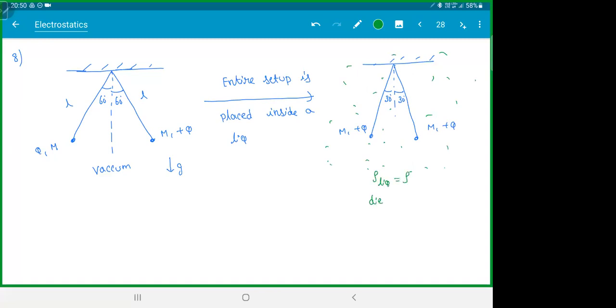Dielectric constant, or the relative permittivity, is epsilon r. Are you getting the scenario here? Initially, in vacuum, the angle between the bobs, because they repel each other, is 60 degrees, 60, 60, 120. When you place this entire setup in a liquid, the angle became 30. They came closer. Find the density of the bobs.